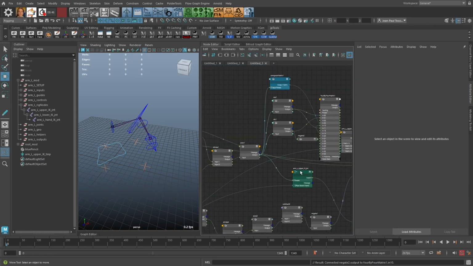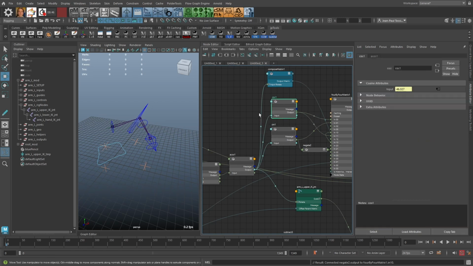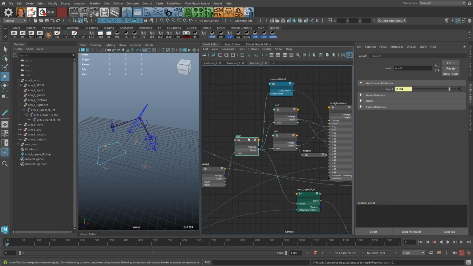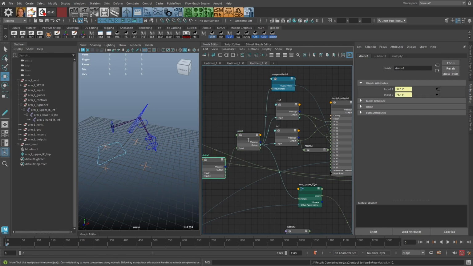Now I hear you thinking, hold on a minute, you're calculating the cosine from an arc cosine, which basically converts the value back and forth. So instead of using the cosine, we can just as well connect the value directly into the matrix by skipping the cosine.